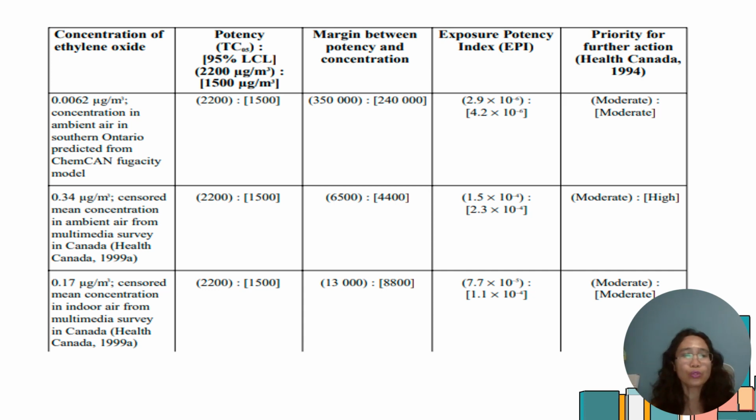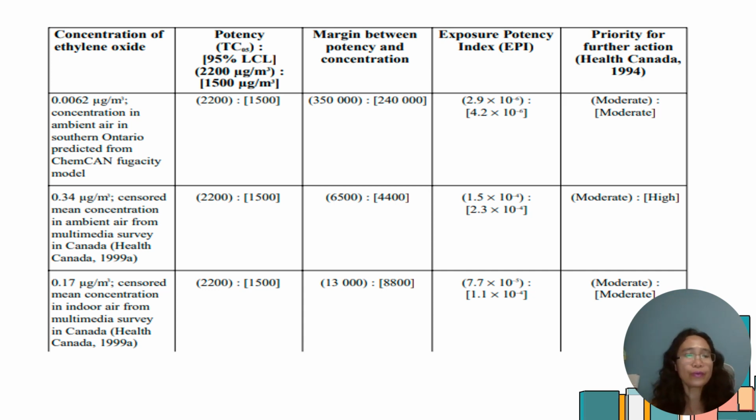The potency is 2,200 by 1,500, the margin between potency and concentration is 350,000 to 240,000, and the exposure potency index is 2.9 by 10 and 4.2 by 10. So it is moderate to moderate.